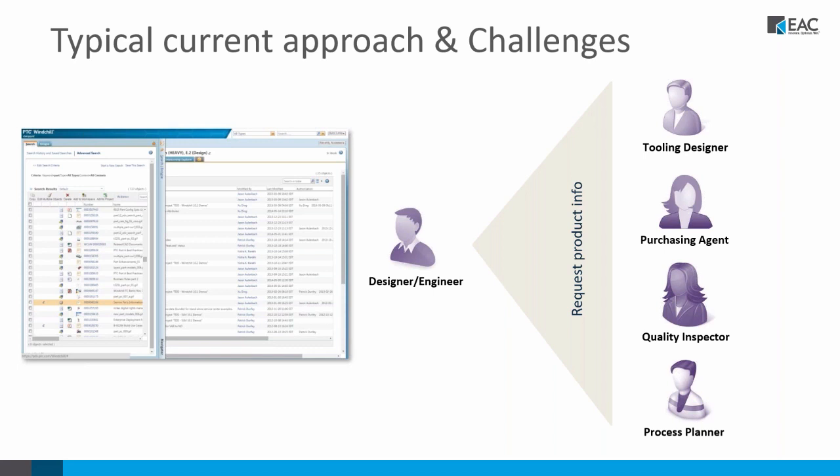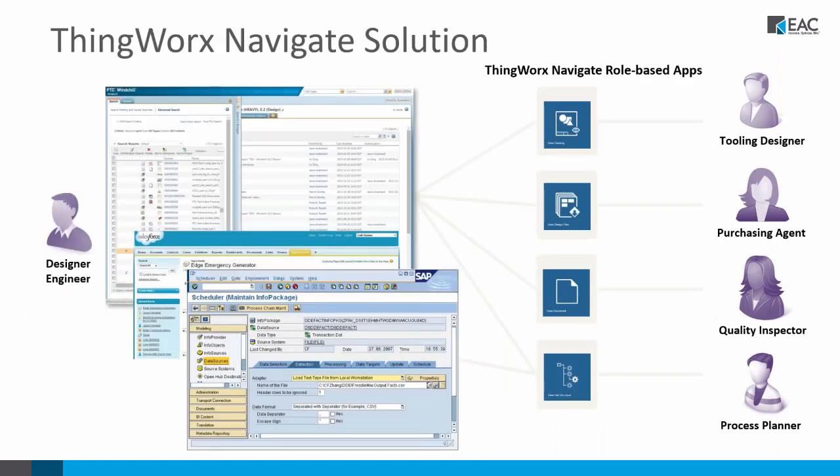But that's also taking valuable time away from them as designers and engineers when their primary role is to design and develop products. So the ThingWorx Navigate solution gives those roles access to the data with a very simple role-based app to get the information they need, whether it's drawings, part numbers, bills of materials. They want accurate, up-to-date information that's inside the Windchill system, and now we have a way to get that to them just as they need it.